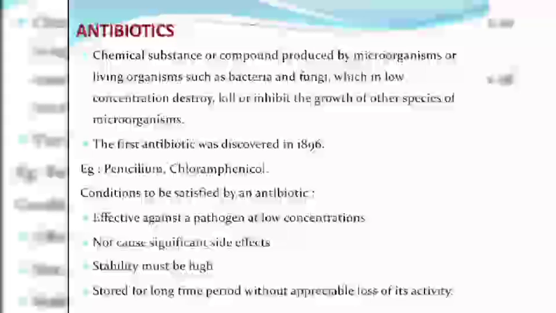In Greek, anti means against, bio means life. The first antibiotic was discovered in 1896. Next, Alexander Fleming in the year 1928 rediscovered it from the filamentous fungus called Penicillium notatum. So the first antibiotic which was invented was penicillin.